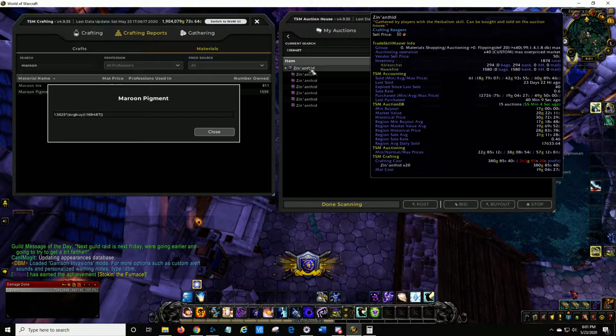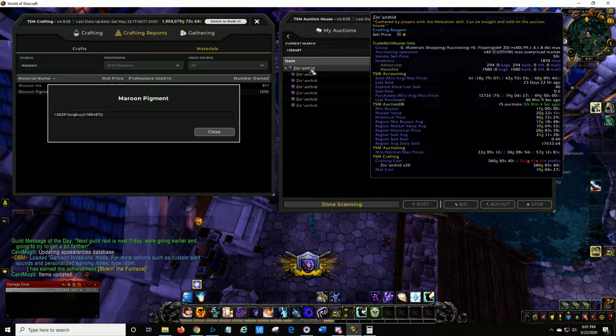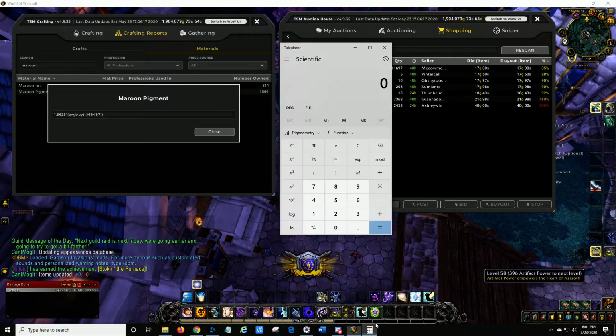And so what I did earlier was I bought 100 and then mass milled it, and out of the 100 I got 64. So if we do the math, 64 divided by 100, you're getting 0.64 maroon pigment per xanthid.